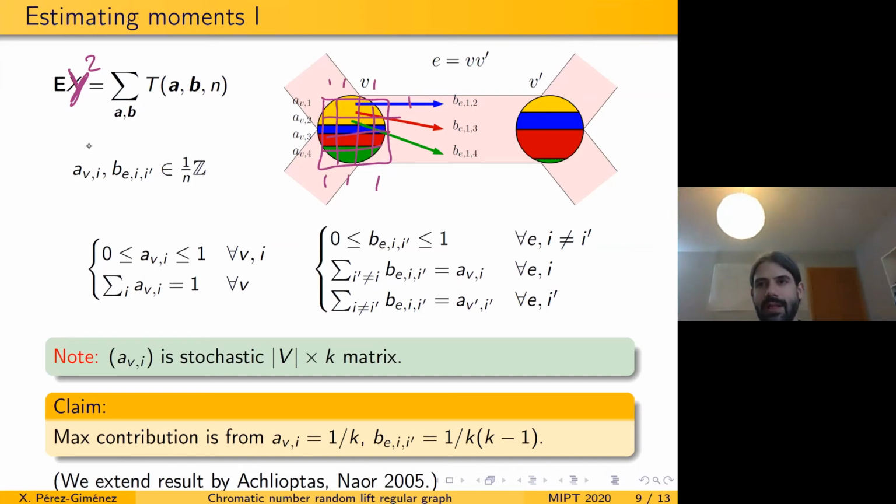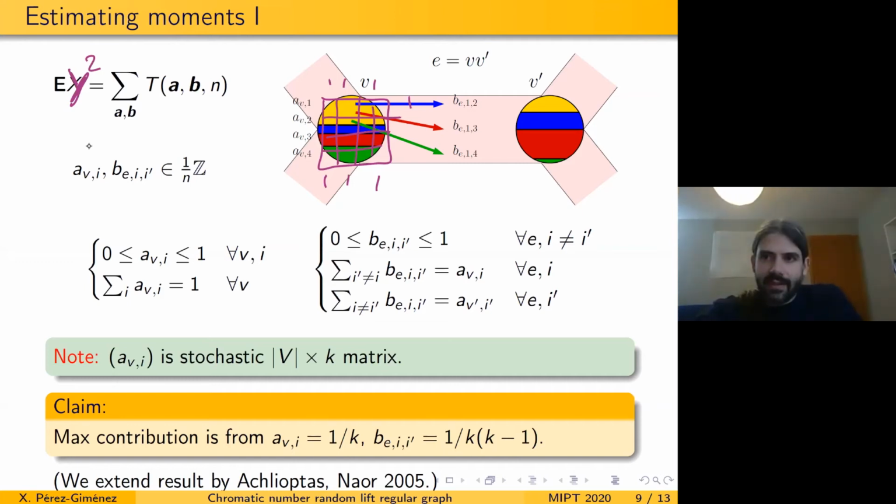So even though our second moment is not that easy, there's a trick that allows us to reduce it to this. However, for the first moment, it looks like a generalization of their approach. So the optimization took us a lot more work, but this is because we use general colorings versus strongly equitable ones.